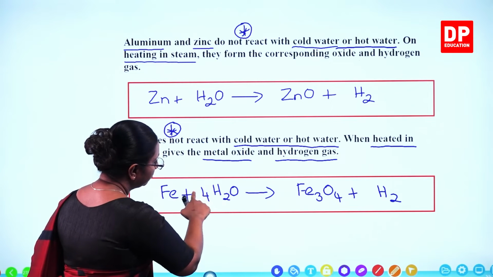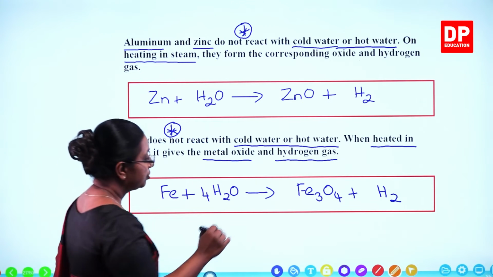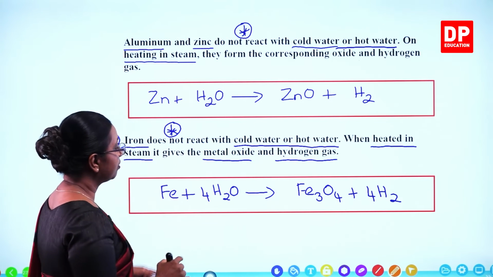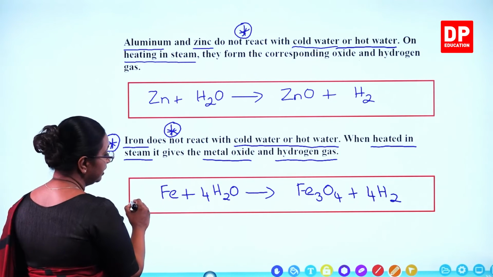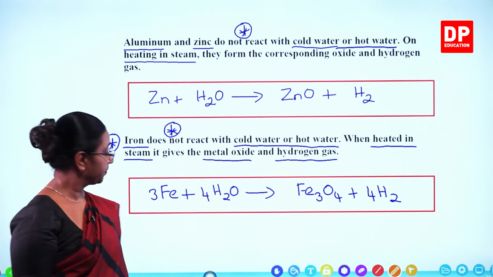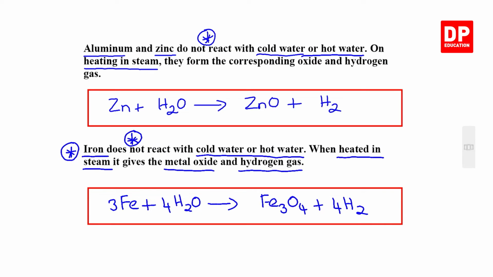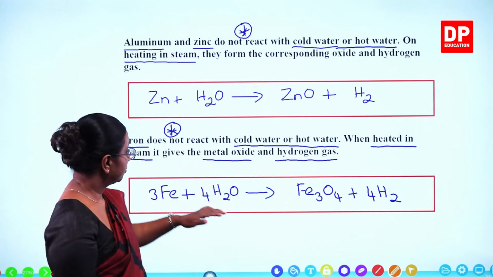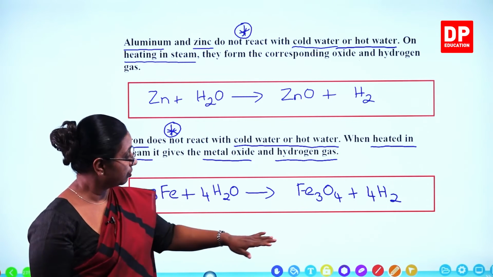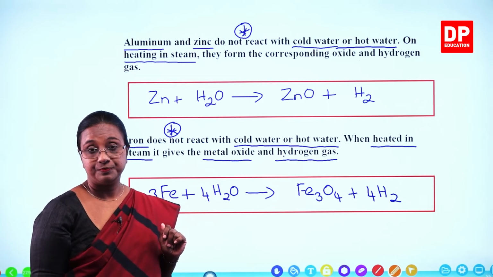So 4 into 2, 8 H, so this also has to be balanced, 4H2. And also there are 3 iron atoms, so you need to put a 3 there. 3Fe plus 4H2O gives rise to Fe3O4 and 4 hydrogen gas. So that is the reaction of iron with steam.